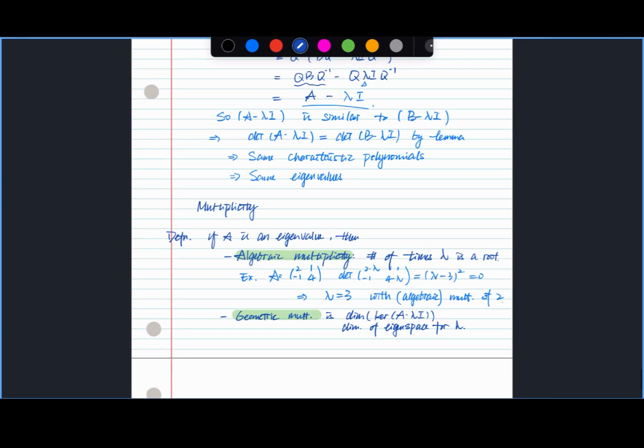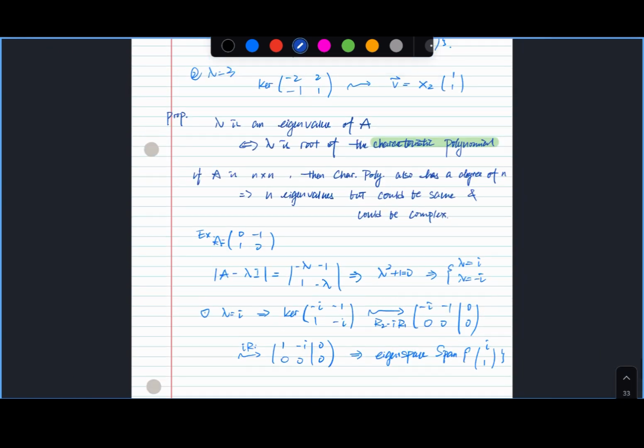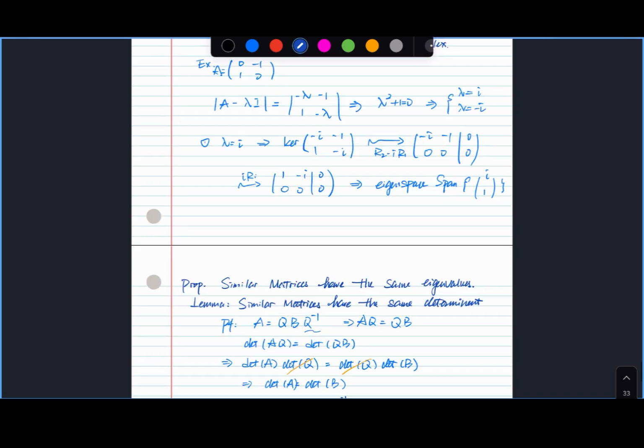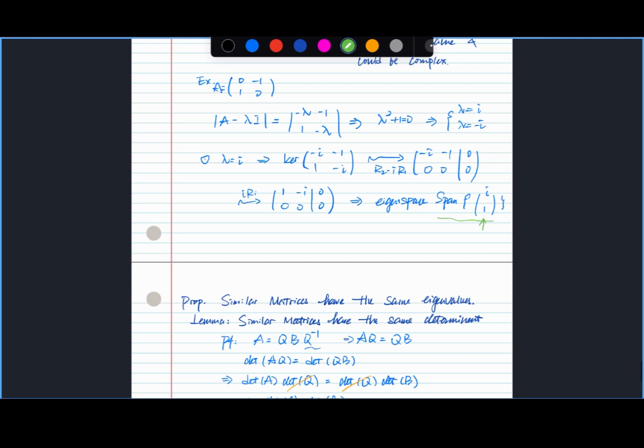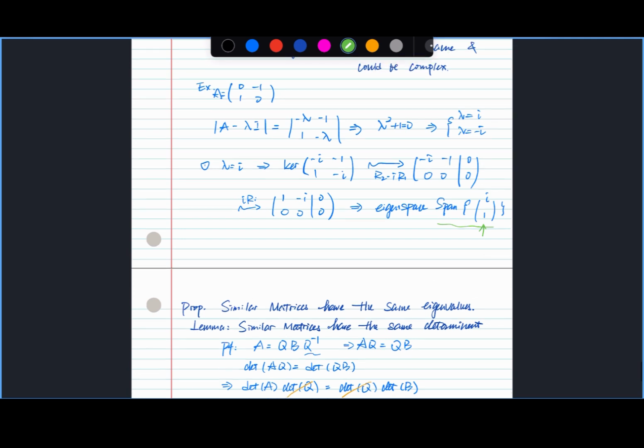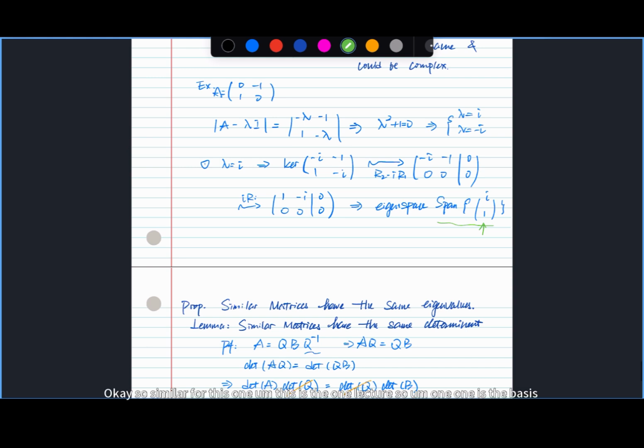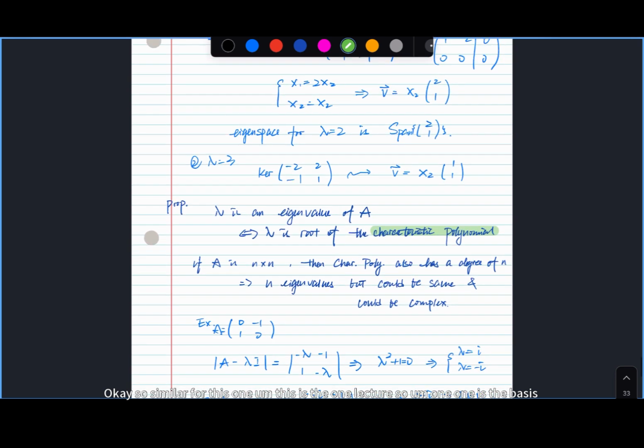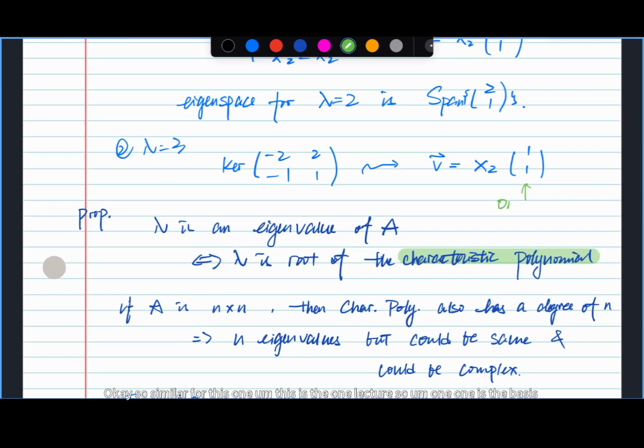So then we can look at, for example, this example. In this case, the dimension is 1. The geometric multiplicity is 1 because we have one basis vector of this subspace. Similar for this one, this is one vector.